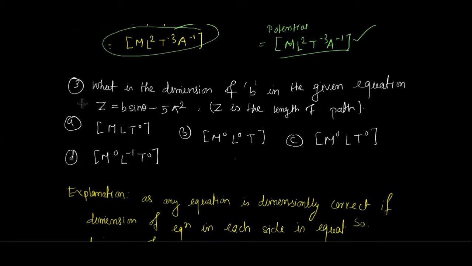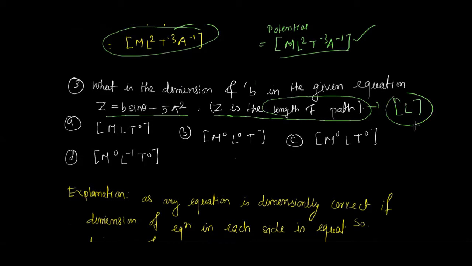In question number 3, it is asked: what is the dimension of B in this particular expression? Here Z is the length of the path, so its dimension must be L. In elaborated form we can write M0 L T0.